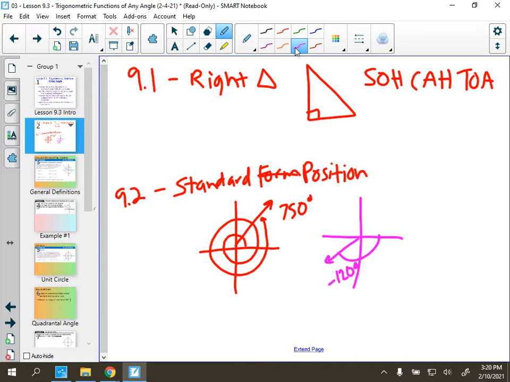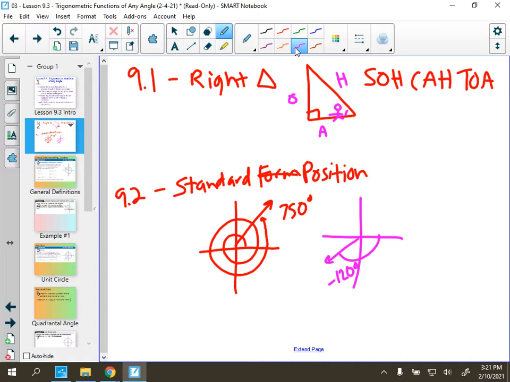So what we're seeing in 9.3 is almost a bringing together of the two lessons. Right triangle trig is great, but it's limited in that if we're going to do a problem that involves right triangle trig, we have to always stand at an acute angle: opposite over hypotenuse, opposite over adjacent.